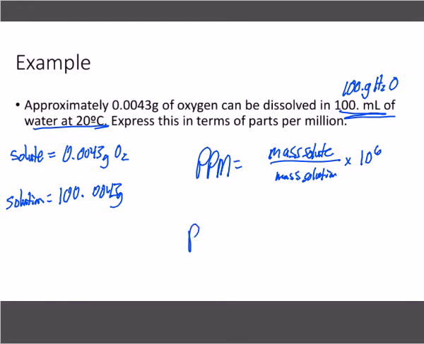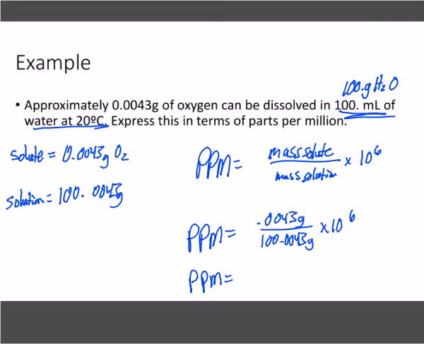So ppm is going to equal 0.0043 grams divided by 100.0043 grams times 10 to the 6th. Go ahead and do the math. So we'll call it 43 ppm is our concentration, 43 ppm.